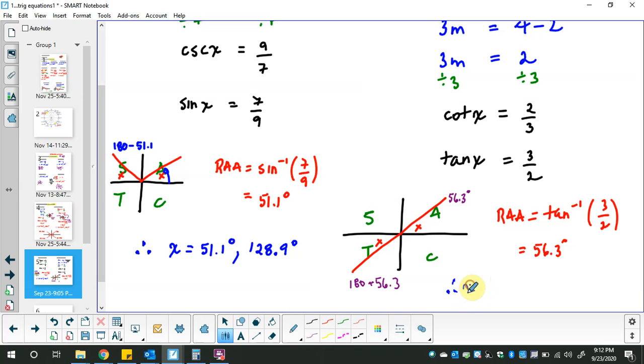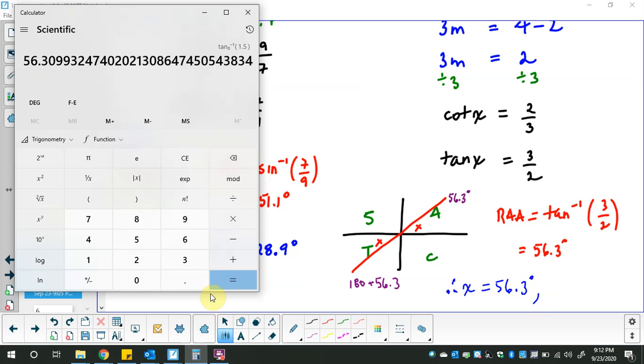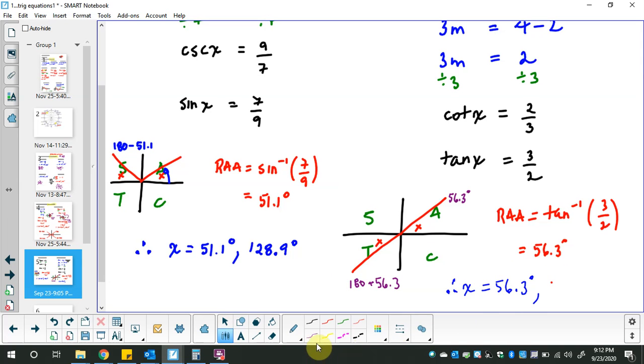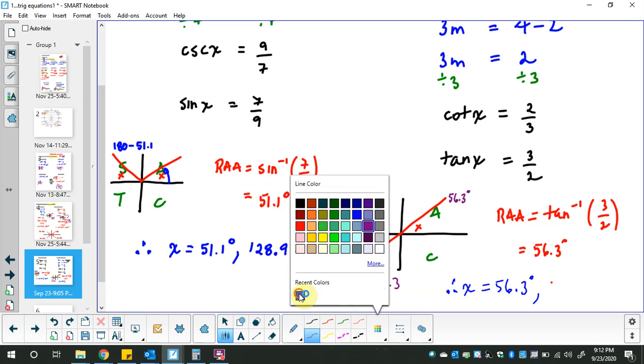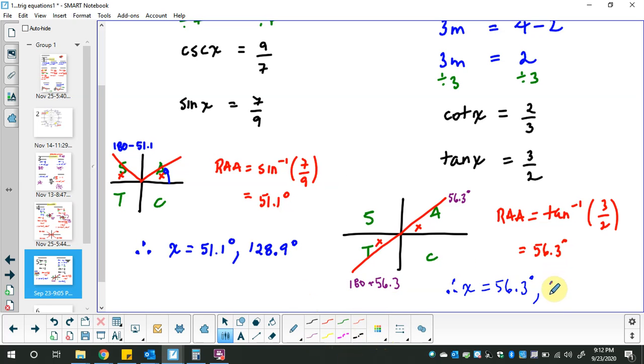Somebody might. 180 plus 56.3 degrees is 236.3 degrees. And those are your answers.